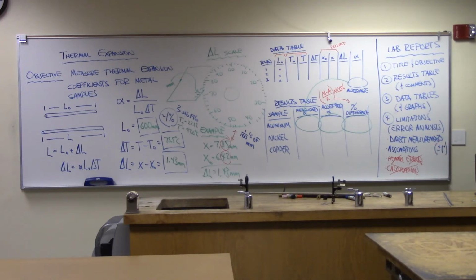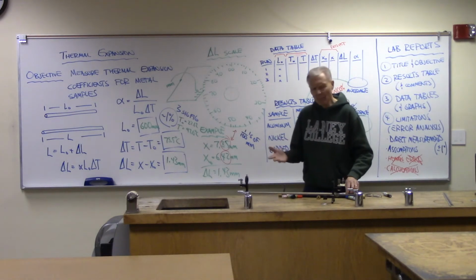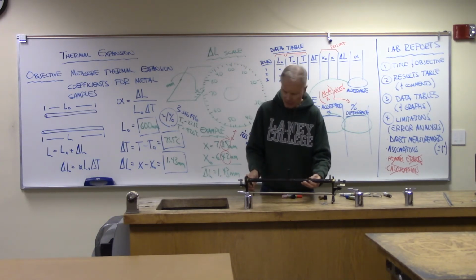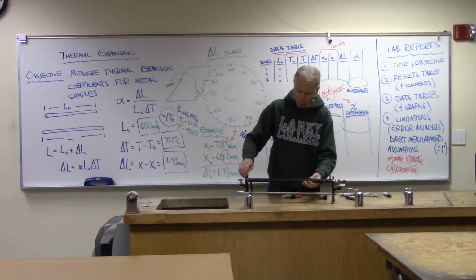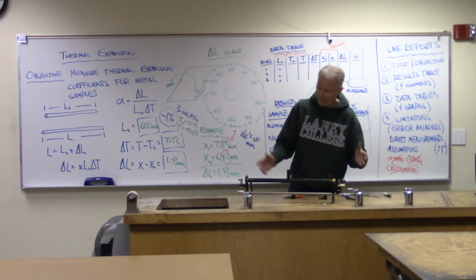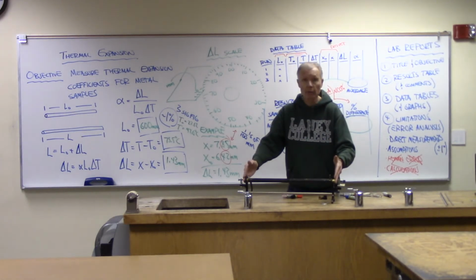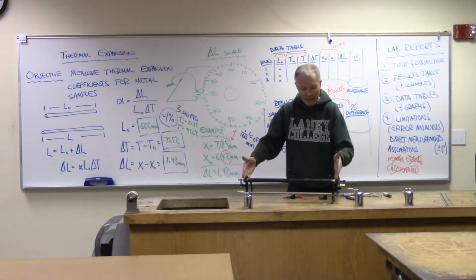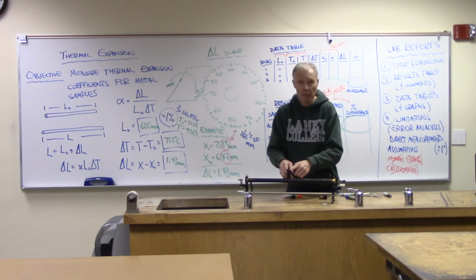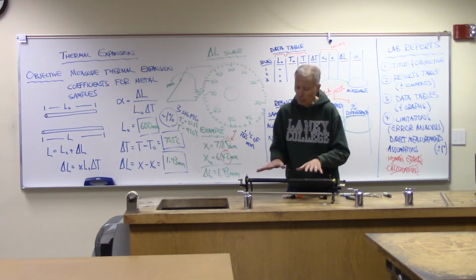And then also assumptions. Now, if you think about today's lab, what are some of the assumptions? Sometimes these are things that are obvious, and other times they're not. One of the assumptions I would think we're making today is that when we have a metal sample inside here, the entire length of the sample is at the same temperature, and that temperature is whatever the thermometer is reading. Now, the lower temperature, when it's at room temperature, that's probably true.